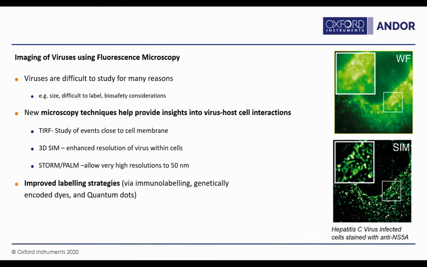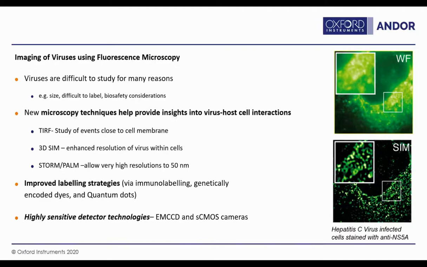Also, beyond the techniques, there have been developments in labeling strategies for viruses, including genetically encoded dyes, and also, though not quite so much, quantum dots as an alternative strategy.